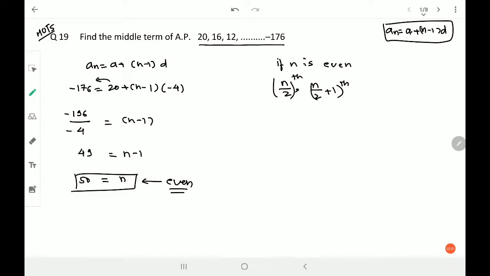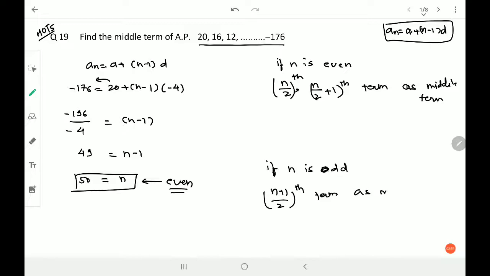I hope you remember this. And if n is odd, which is not the case here, I just want you to remember both the things. If n is odd, you have the (n plus 1) by 2th term as the middle term. Note this down because it is extremely important.